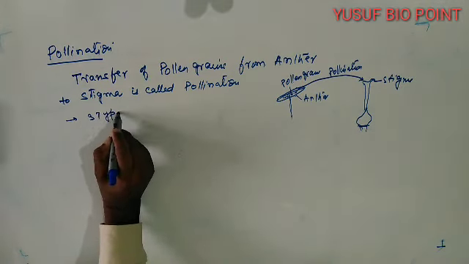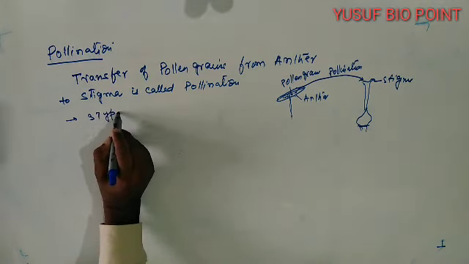We can understand by this. Suppose there is a plant, it has flowers. If the pollens of the same plant flowers come to the stigma of the same flower, that is known as autogamy. Means pollen grains from the anther of the same flower come to the stigma of the same flower, that is known as autogamy.